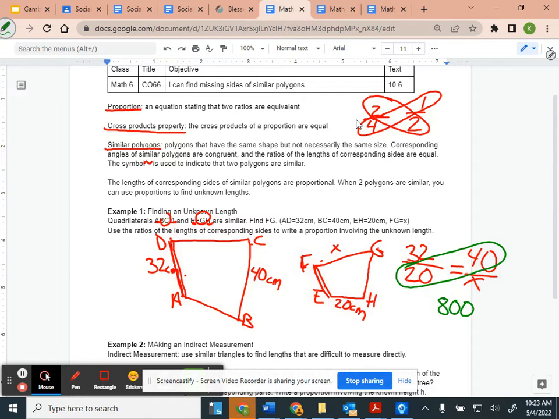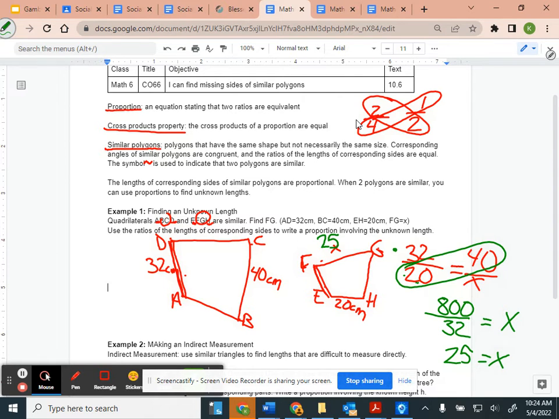And then I divide by what's left. So you multiply the cross products, divide by what's left, and you get X. So what is 800 divided by 32, Nolan? 25. So my X, my missing side, is 25.